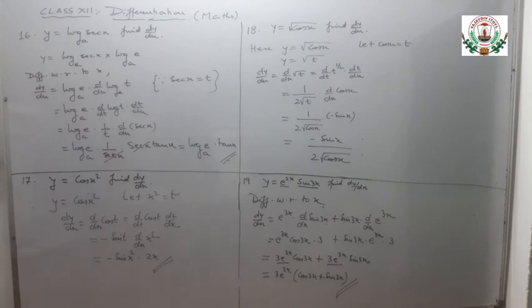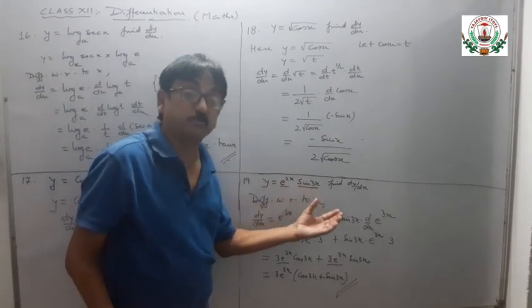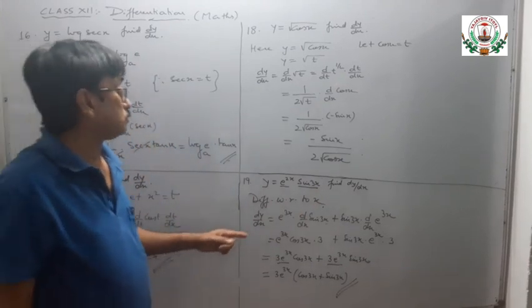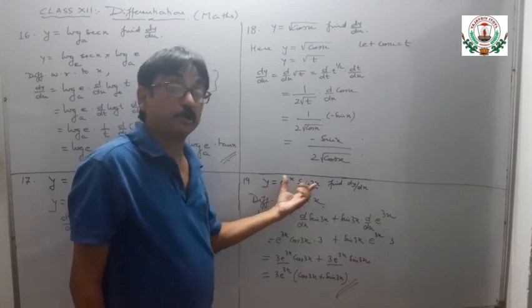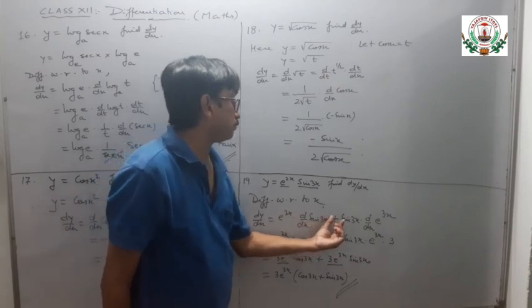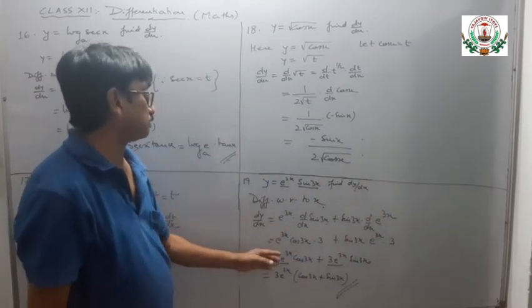Once again I will explain. Here the product of two functions, both functions are functions of functions. So first we apply the differentiation of a product: first function into differentiation of second function plus second function into differentiation of first function. So e to the power 3x remains as it is.